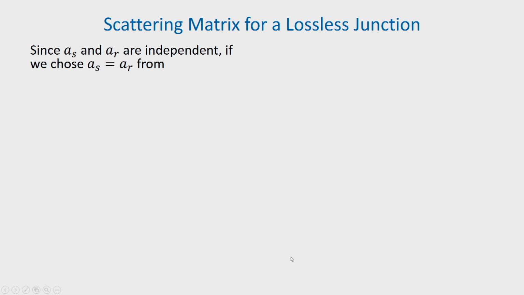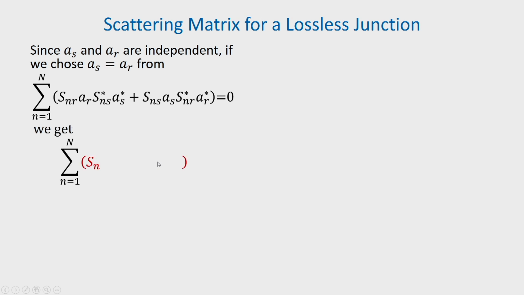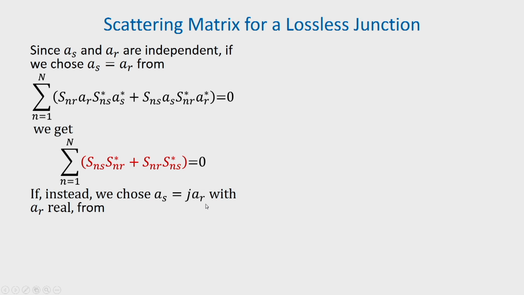Now, since A s and A r are independent, if we choose A s equal to A r, then in this equation we get summation of S n s into S n r conjugate plus S n r into S n s conjugate is equal to 0.